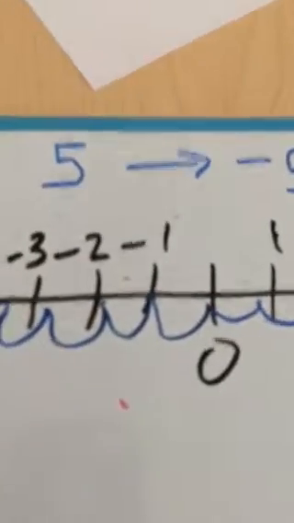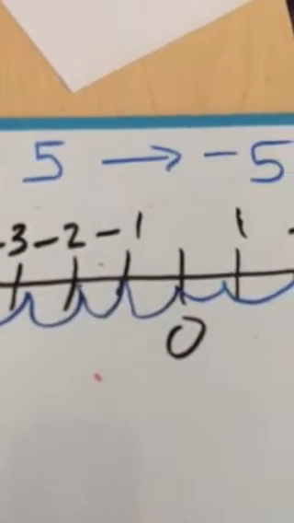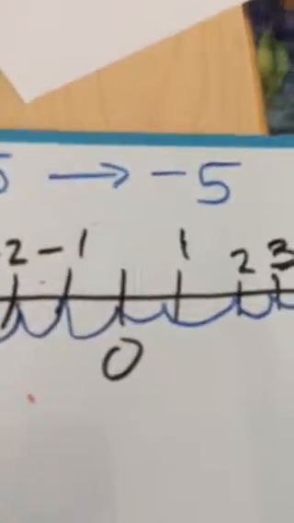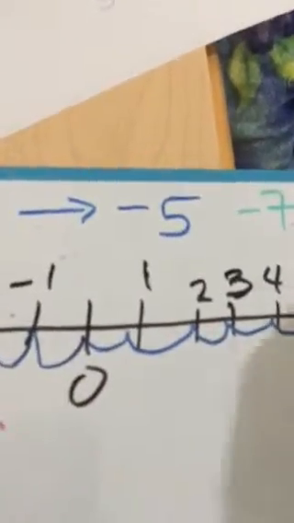So now that we have that, let's try one more example. Let's try -7. We're going to start with -7. What's the opposite of -7? 7. Positive, right?